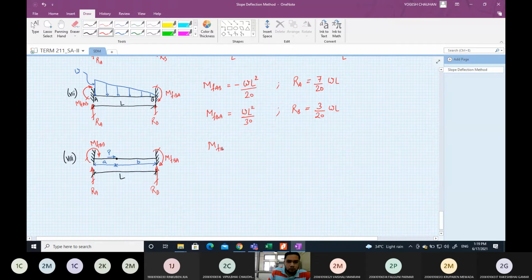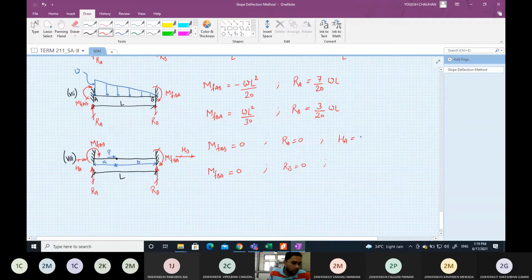Now MFAB is 0, MFBA is also 0, and in this case let this be HA, this be HB. So here RA is also 0, RB is also 0, but because of this horizontal load there will be HA.